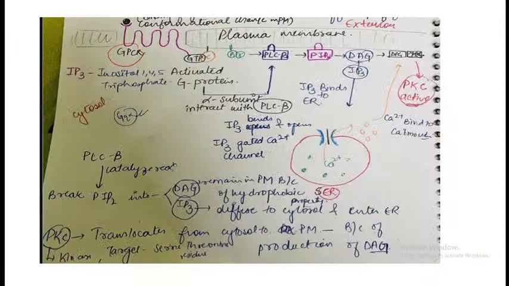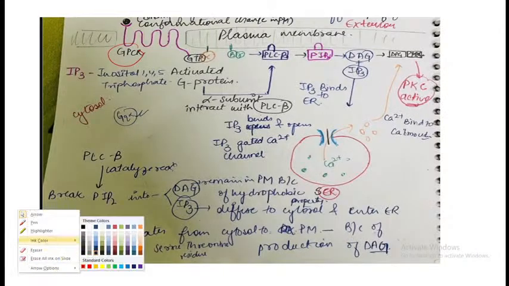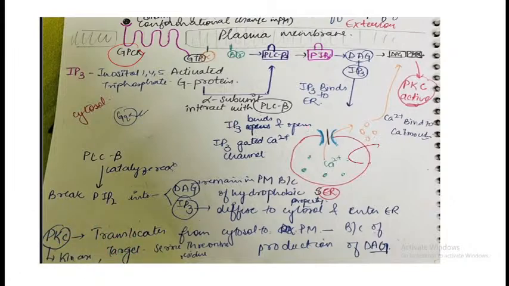Just go through this particular pathway. First, it is very important, and second, time and again questions get framed majorly from this particular area: which endoplasmic reticulum gets which ion channel opened; or second, which particular component separates from the plasma membrane and moves to the cytosol for the opening of calcium ion channels.